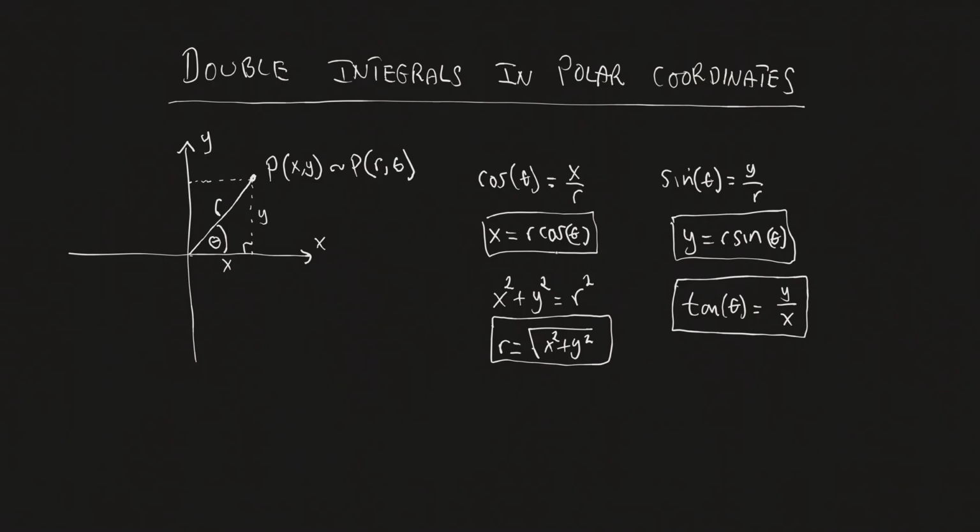All right. But it's the first pair, the x equation and the y equation, that we're going to need because we need to compute a Jacobian. So let's go ahead and do the Jacobian just to see what comes out. In this case, because we're going from xy to r theta, our Jacobian will be a function of r and theta.